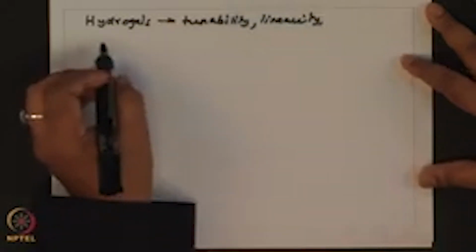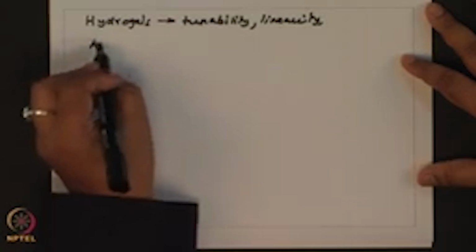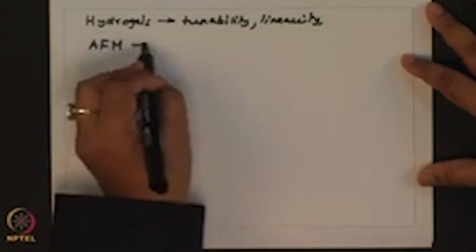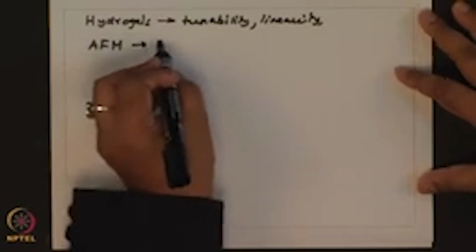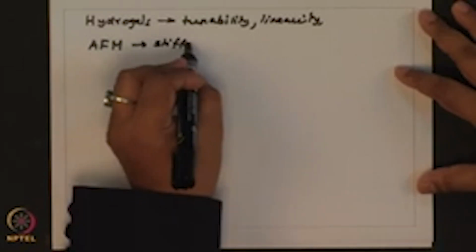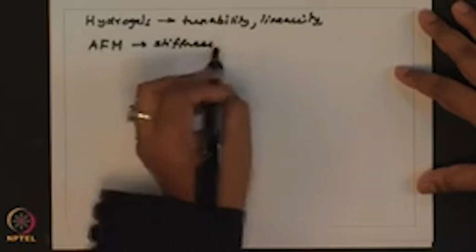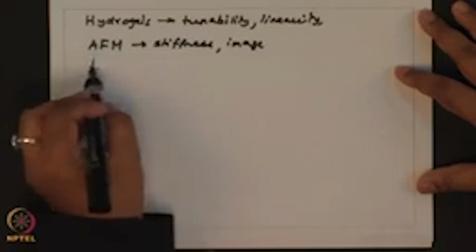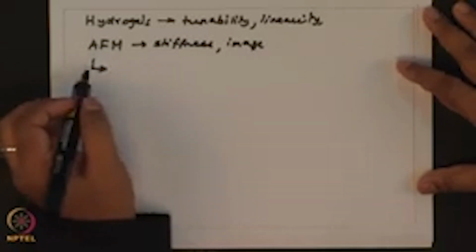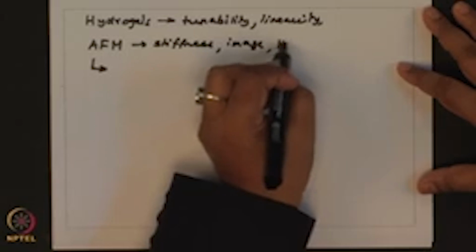After hydrogels, I introduced AFM once more, but this time I introduced how to measure stiffness of samples with AFM, and also to image. In AFM you could also do protein unfolding.